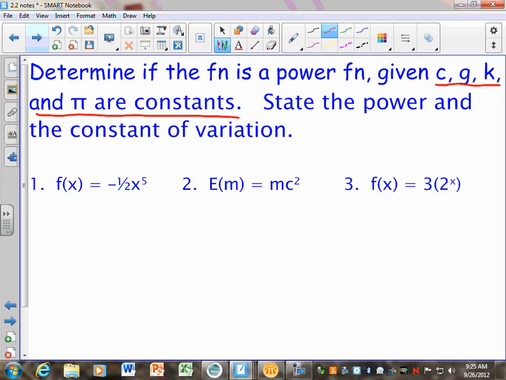Just like we did with polynomials. We said, is it a polynomial? And what do we care about? We care about the degree and the leading coefficient. Well, if it's a power function, I want you to tell me what power it is and what the constant of variation or the constant of proportion is. And so I just have 3 little examples here.